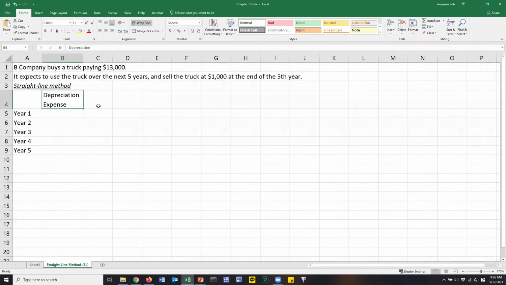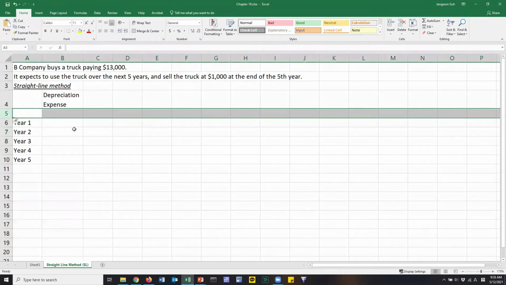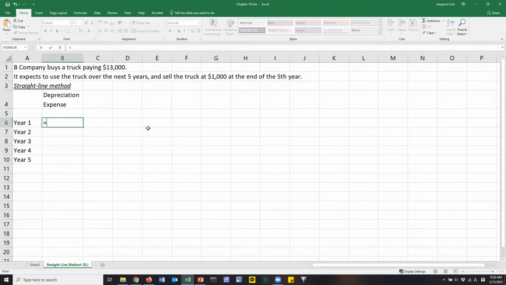Our depreciation expense, we want it to be the same, straight line. What does that mean? We want to depreciate 12,000 over the 5 years, the same amount. What do you do then?